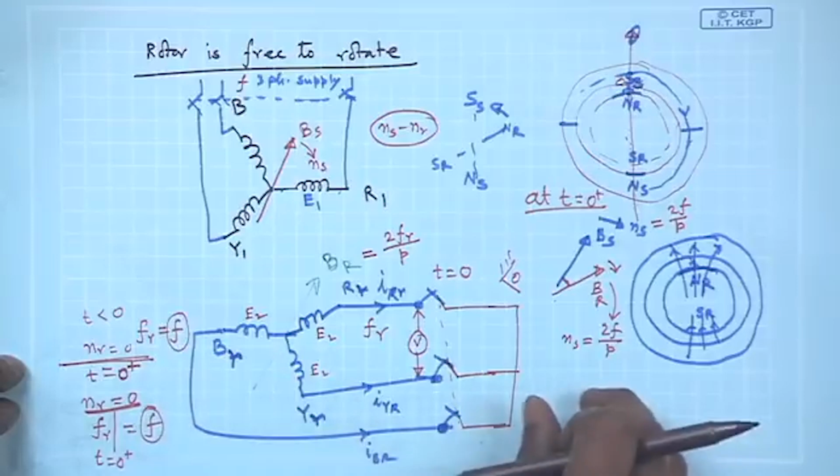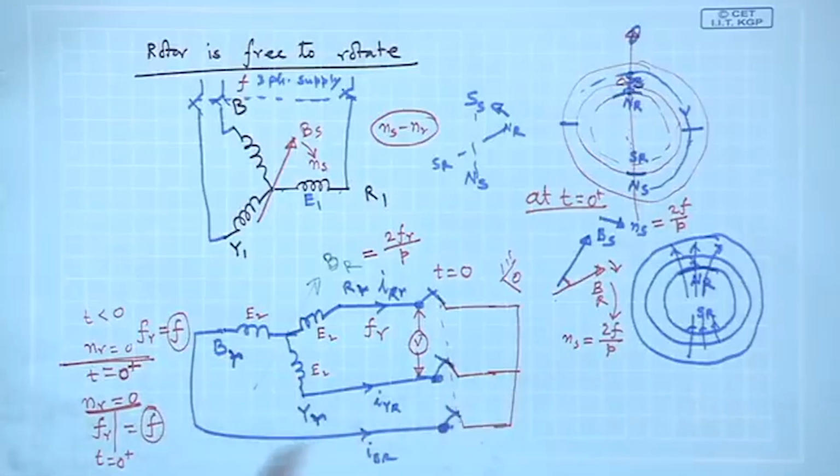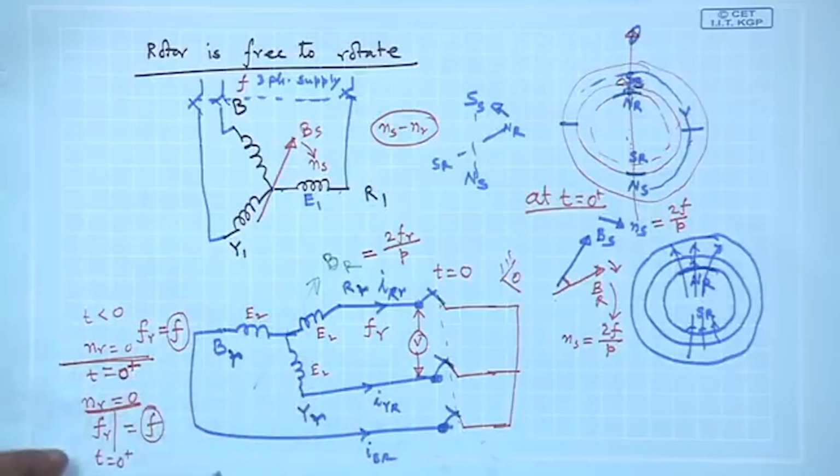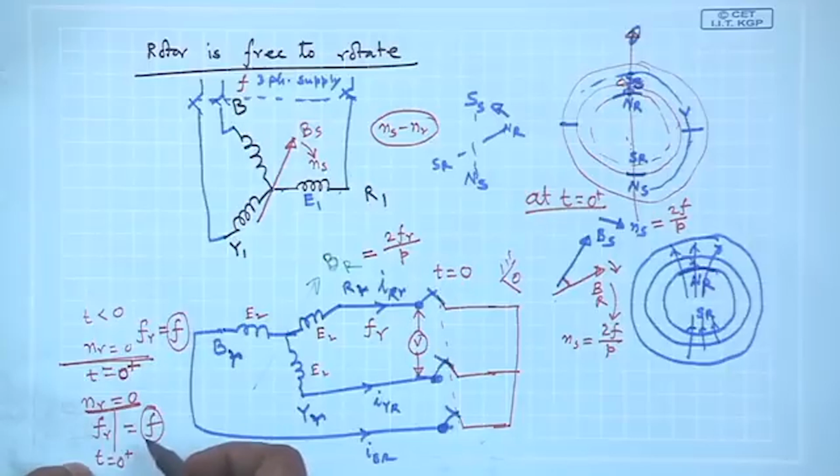Rotor is yet to rotate, but it is carrying current. At t equal to 0 plus, speed still remains 0 because of its inertia, and rotor frequency at 0 plus is p by 2 into n s minus n r, which is p n s by 2, and then it is supply frequency f.